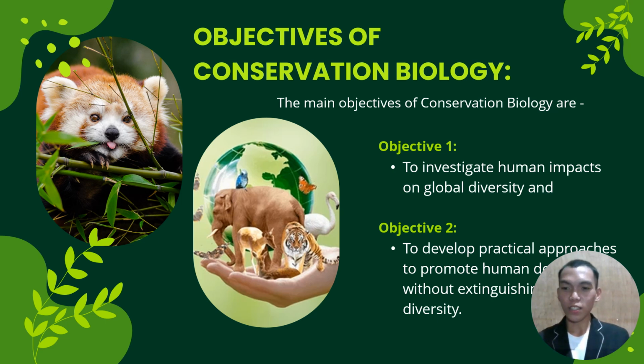The goal is to find practical and sustainable ways for human societies to progress and improve their well-being without causing the extinction or significant loss of plant and animal species, ecosystems, and overall biodiversity.